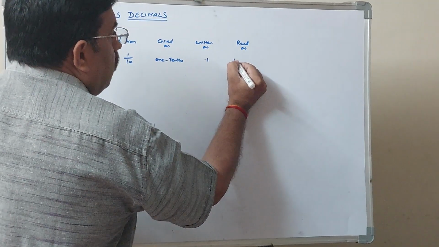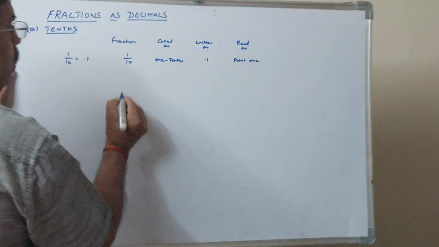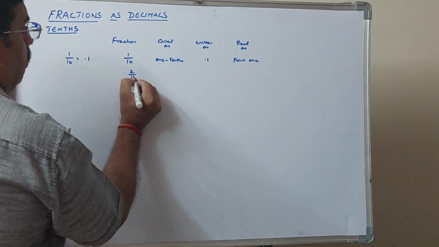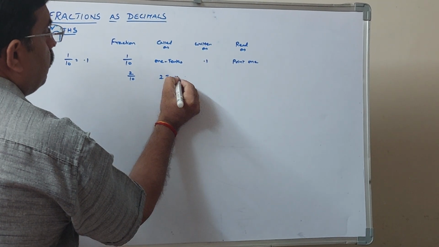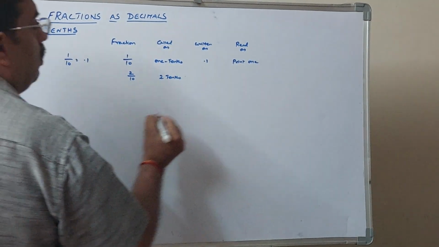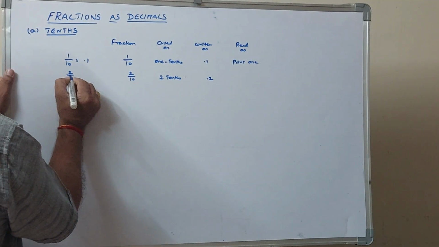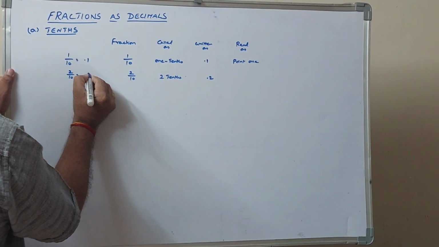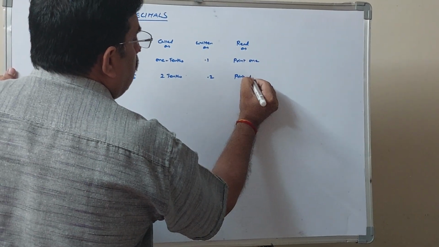Read as 0.1. 2 by 10 is written as 2 tenths, which is equal to 0.2, read as 0.2.